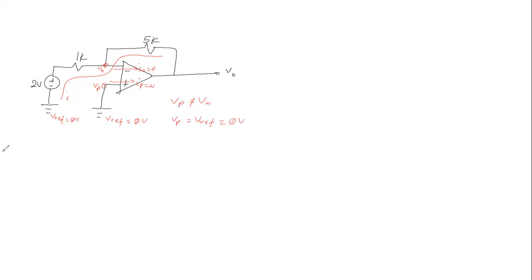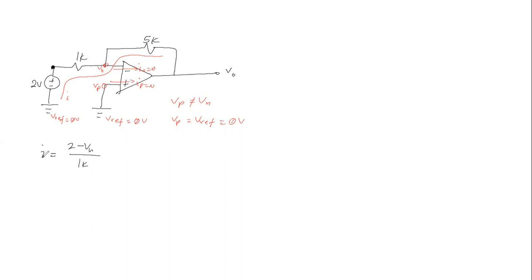If we write Ohm's law at the input side, this terminal is positive with respect to ground, 2 volts. So Ohm's law at the input gives I, the current flowing through the 1K ohm, equal to 2 minus V sub N over 1K.